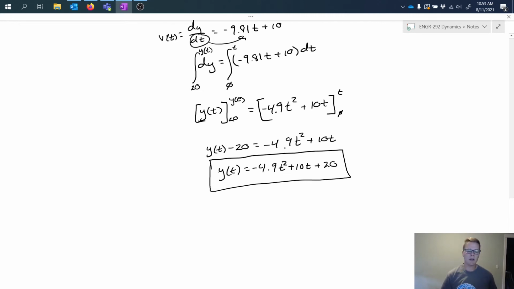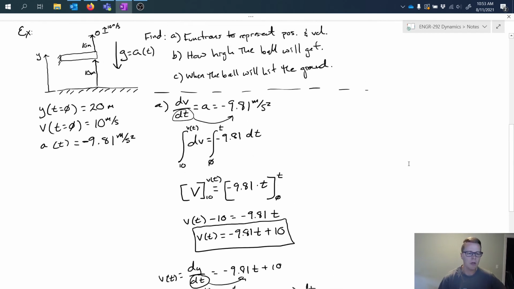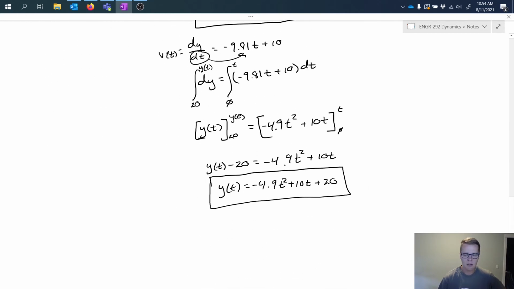So that gives us a nice mathematical expression for position with respect to time. All right. So the next question is, how high will the ball get? And to evaluate this, we need to think about what this means.